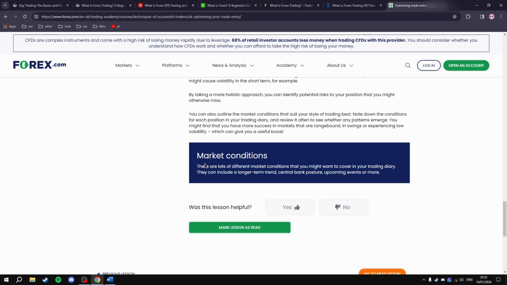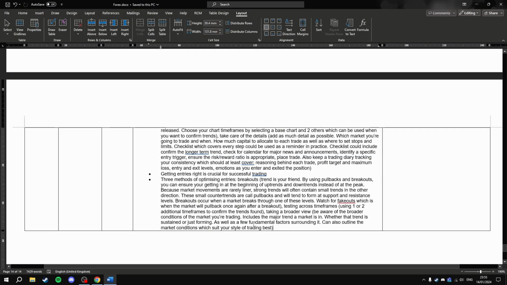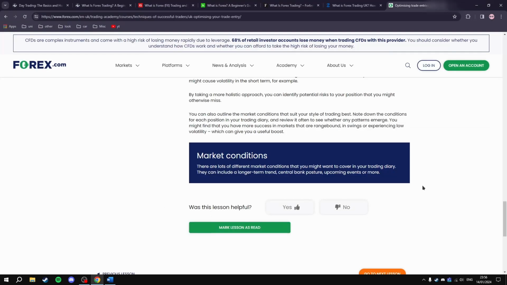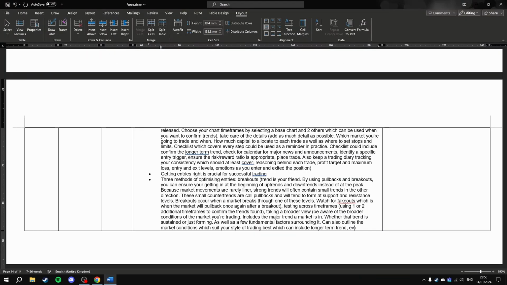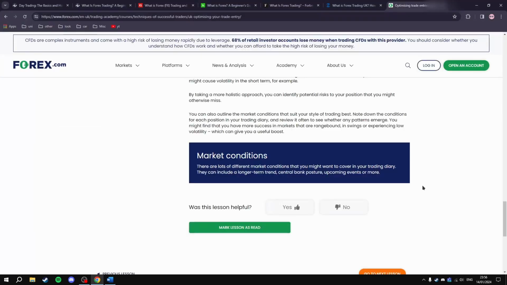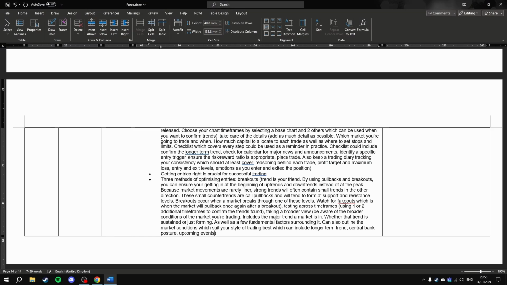There are lots of different market conditions that you might want to cover in your trade diary. These can include longer term trend, central bank posture, upcoming events, or more. You can also outline the market conditions which suit your style of trading the best.